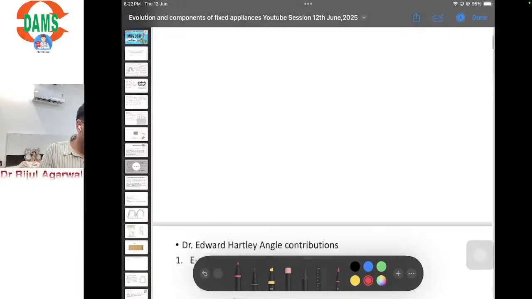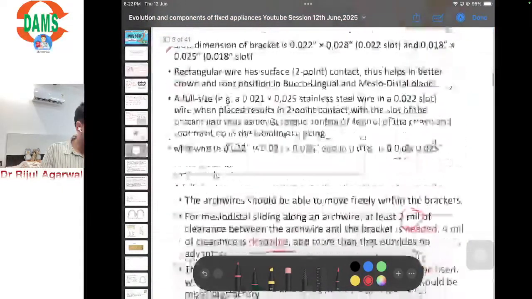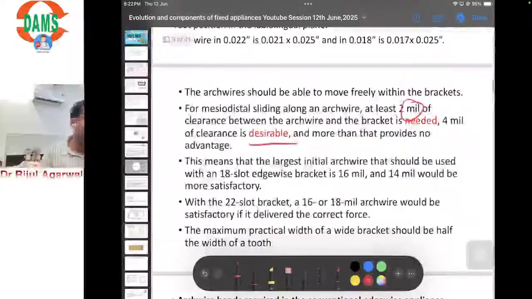Please clearly note these words: desirable and needed. For an 18 slot it can be 16 mil and 14 mil would be satisfactory. For a 22 slot, 16 or 18 mil would be satisfactory to deliver the correct force.